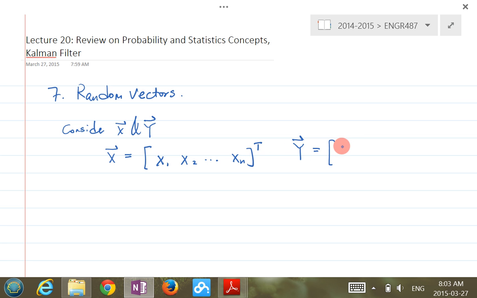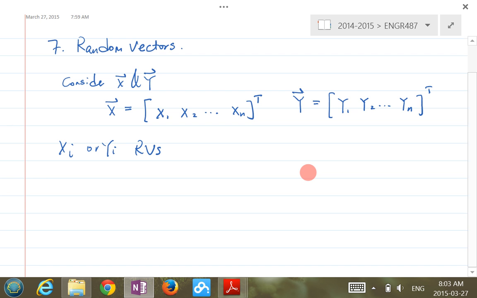You can have n random variables, the xi's or yi's, so they are random variables. And just like before, we have the expected value for this random vector.